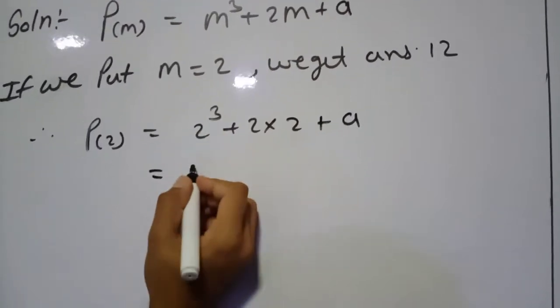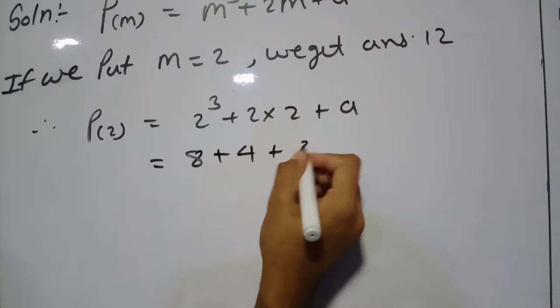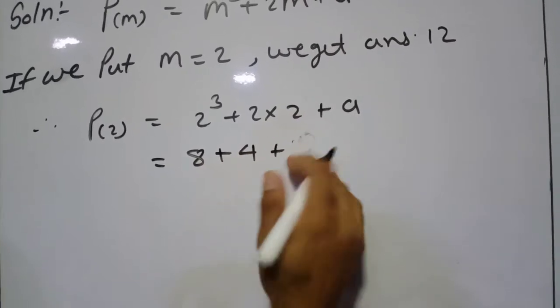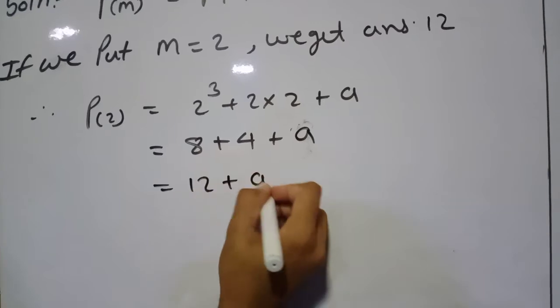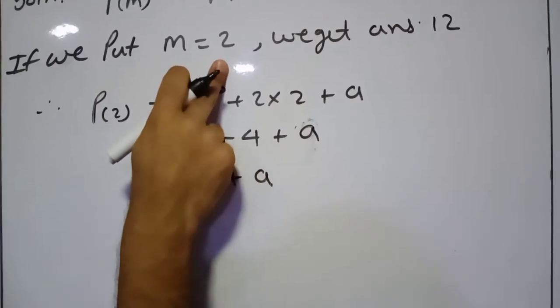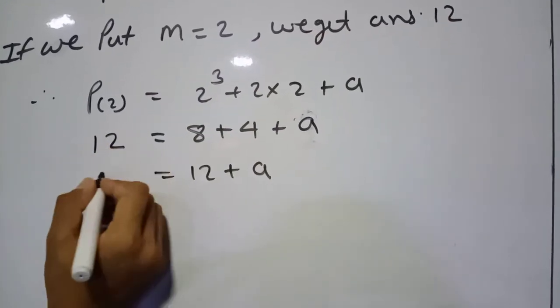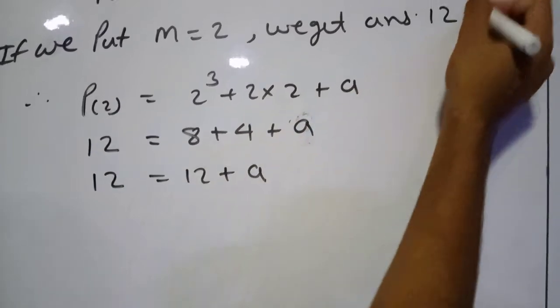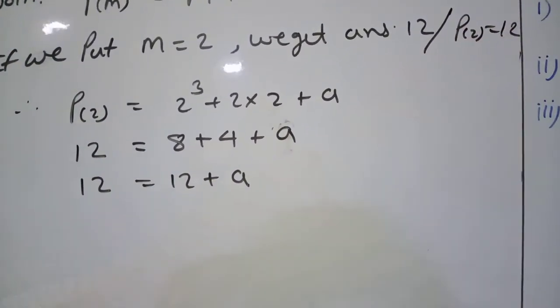That is cube of 2, 2 2s are 4, 2 4s are 8, plus 2 2s are 4, 8 plus 4 is 12, plus a. And if we put m is equal to 2, we'll get the answer 12. Means here we have to substitute 12, or we can write P2 is equal to 12 directly.